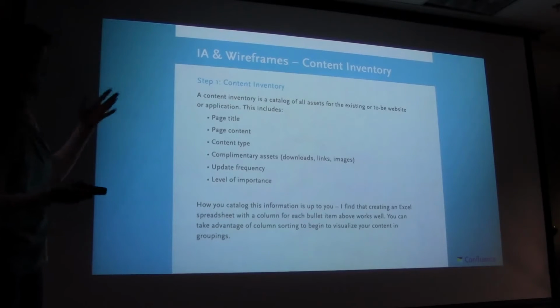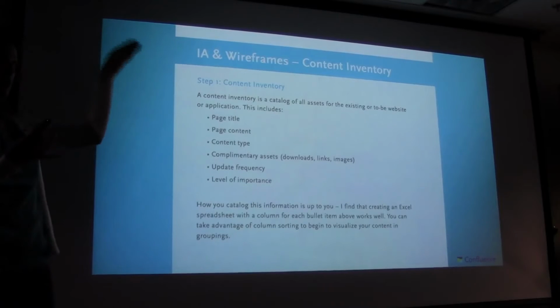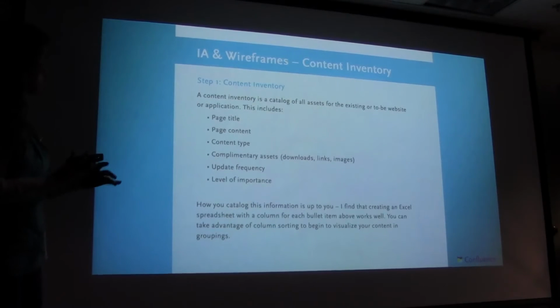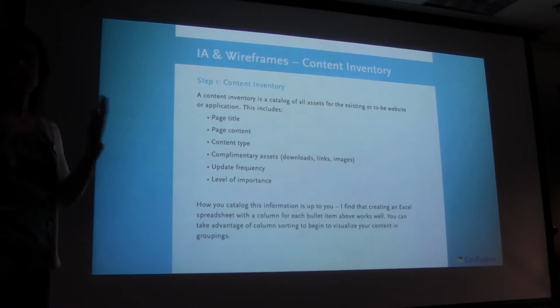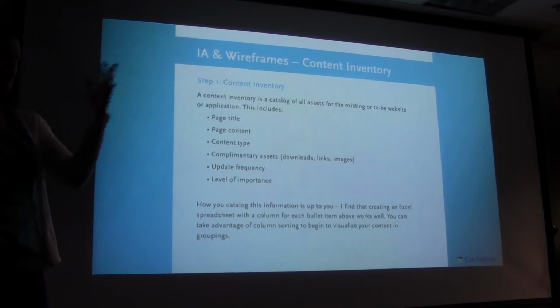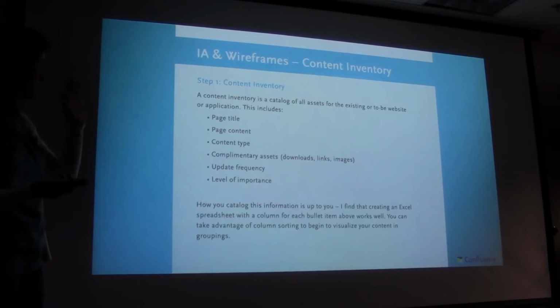So important things in this content inventory are page titles, what each page is going to be called, the content that will fall on these pages, what type of content is it, complementary assets, so are there downloads, links, images, related documents, etc. that relate to each of these pages of your app, of your website. How often are you going to be updating these pages?